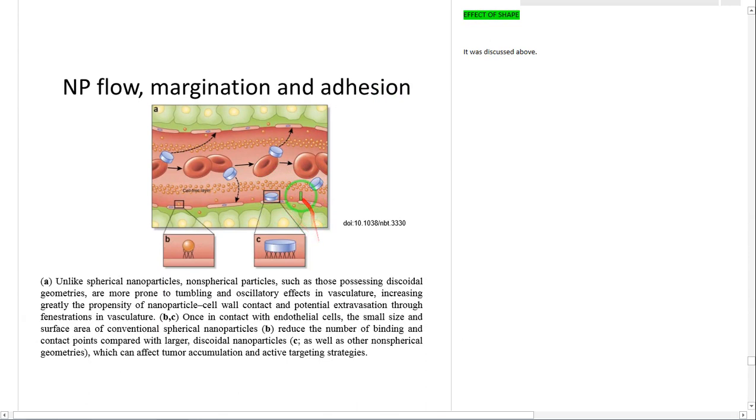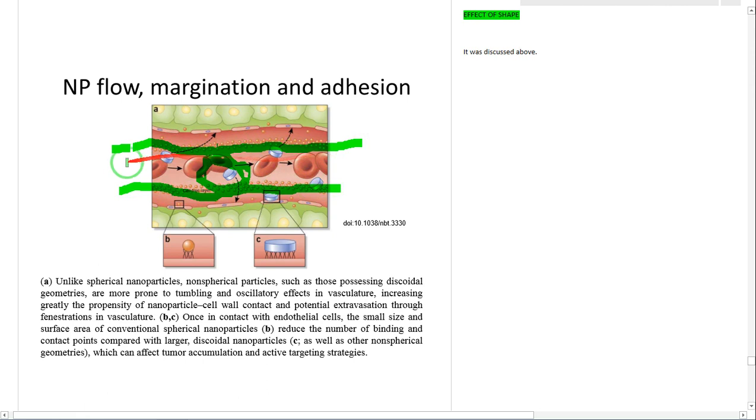Some studies show that the shape of the nanoparticles also affects their biodistribution, because the fluid dynamics shows us that we have the focusing region here, where the particles tend to accumulate in the central part of the fluid flow, and fewer of the particles like to be in the margin.